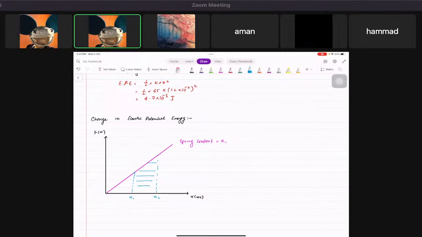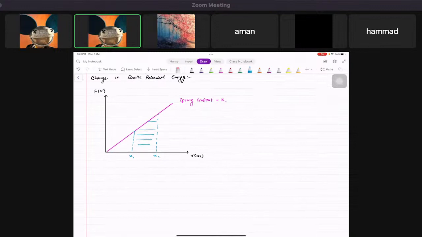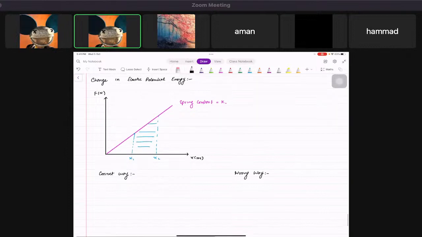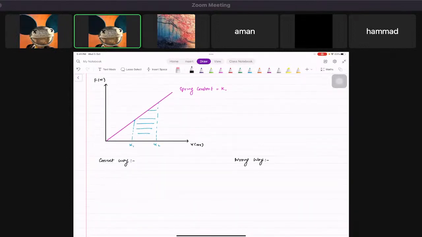what you should remember is, and I'm just telling you this very, very important lesson, there is a correct way and there is a wrong way, especially when you're using the equation kx square. Now check this out, please.